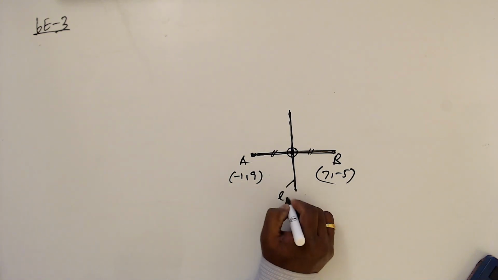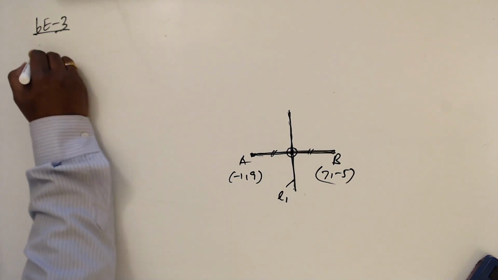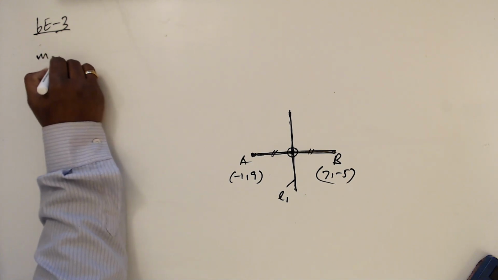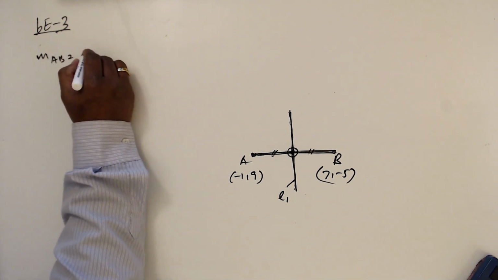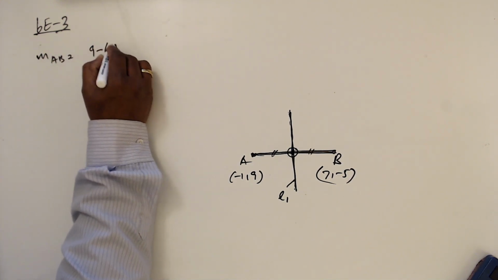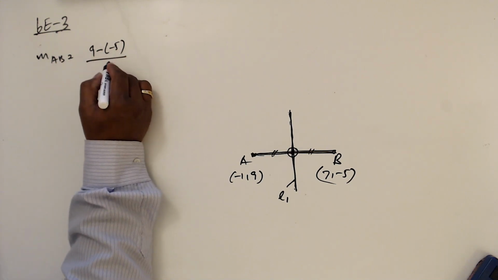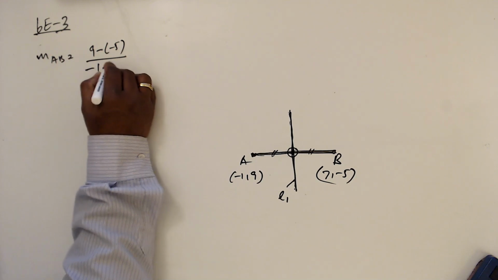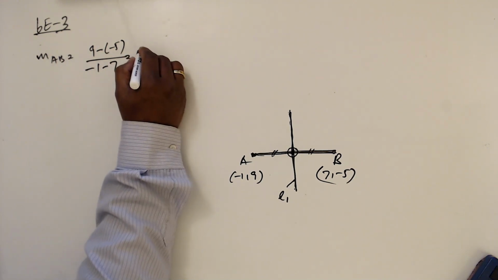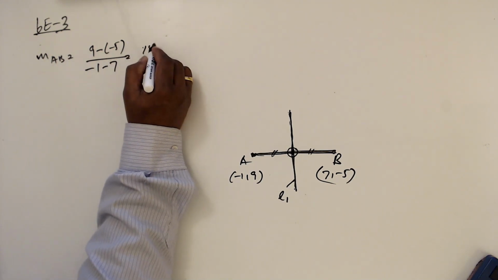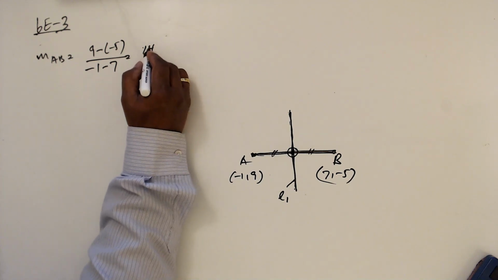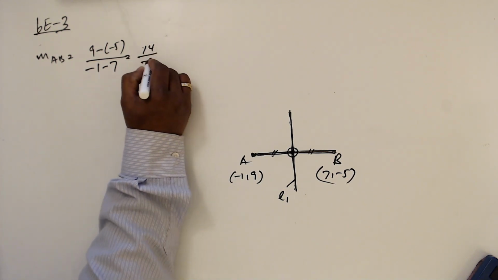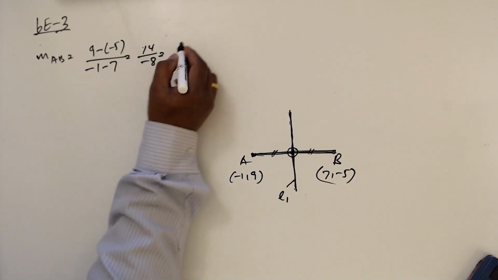So I will take L1. First of all, I find MAB, the gradient of AB. 9 minus 5 divided by minus 1 minus 7. This is 15 and this is going to be minus 8.